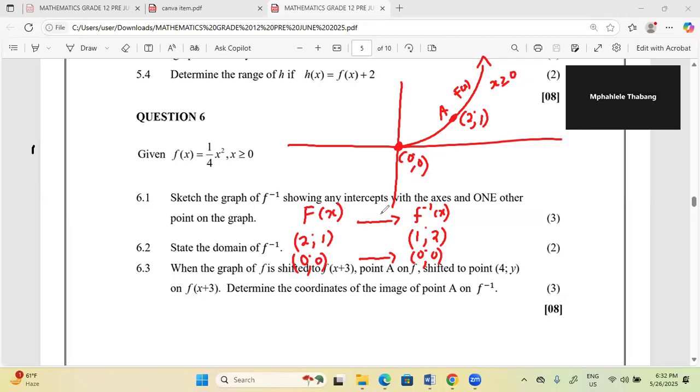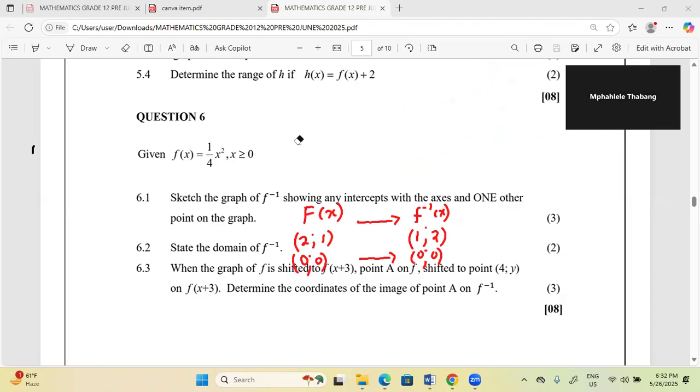So now let's show these points on the graph. Let us sketch the inverse. I'm going to have the y-axis. I'm going to have the x-axis. Now I know one point on the inverse. It's 1 and 2. When x is 1, y is 2.